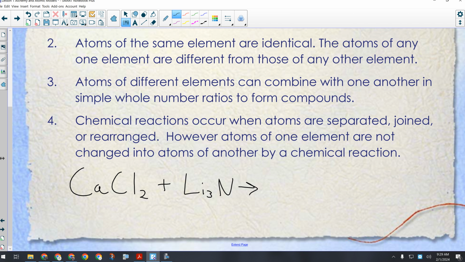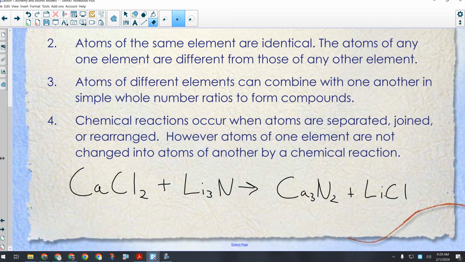When these 2 things react, they produce these 2 things, calcium nitride and lithium chloride.